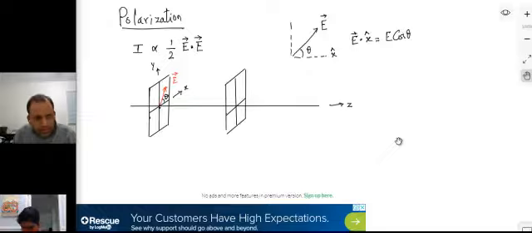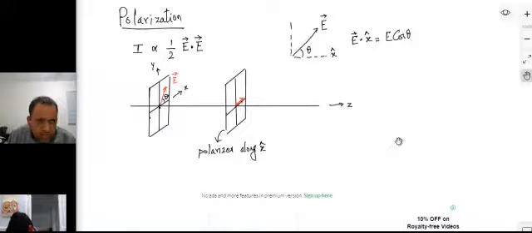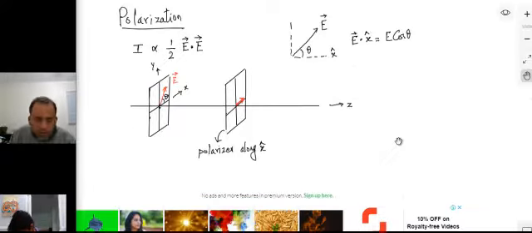So this is a polarizer, and what is its property? Along x hat. That means it will pick only this component. So it will stop the component that is vertical.